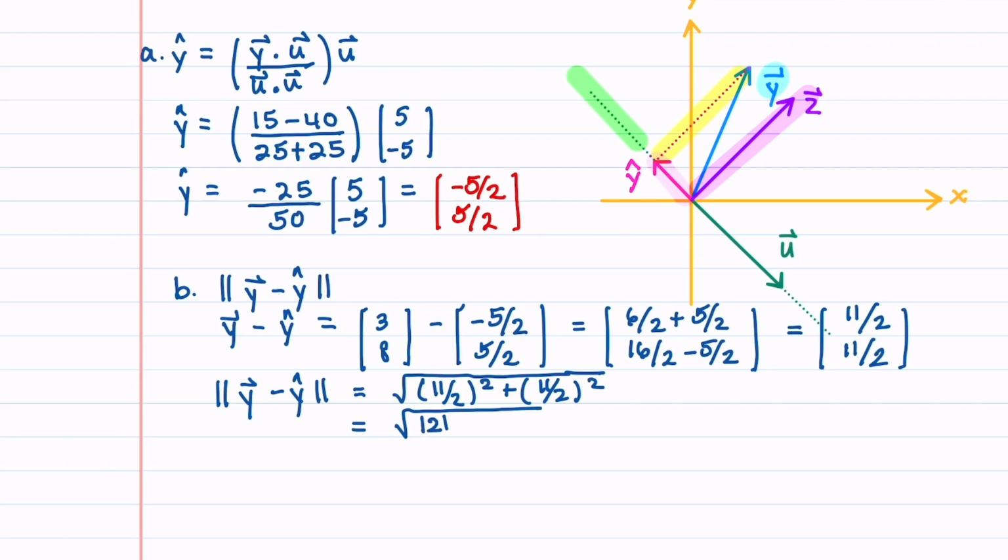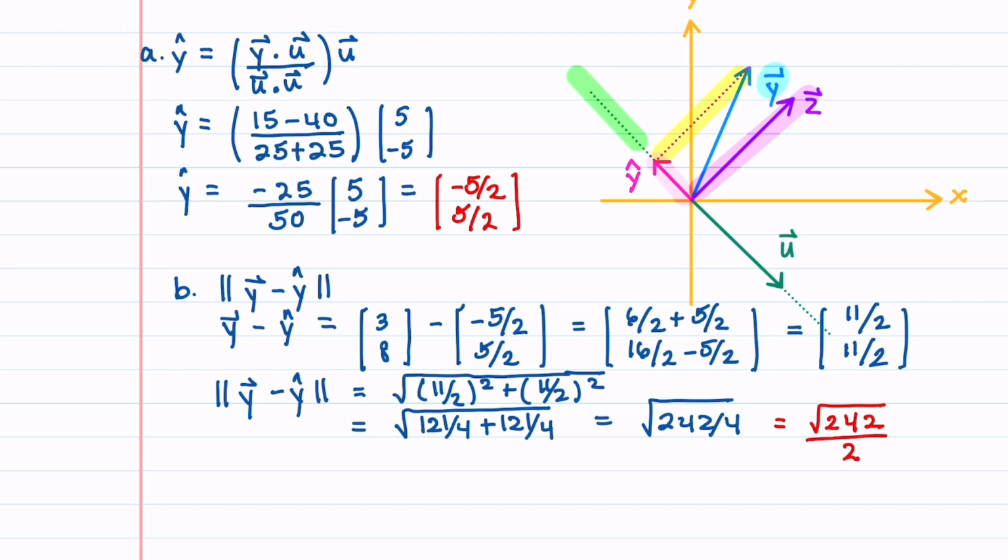So we have a 121 over 4 plus another 121 over 4. And this gives us the square root of 242 over 4. We can take the square root of 4 and write that as 2. So our answer is going to be the square root of 242 all divided by 2. And that's the distance of the yellow line up there in our picture.